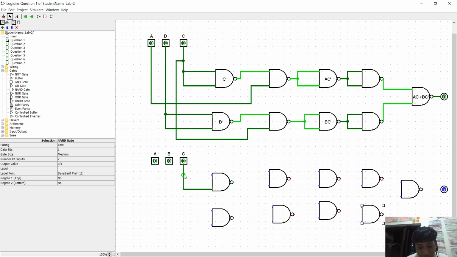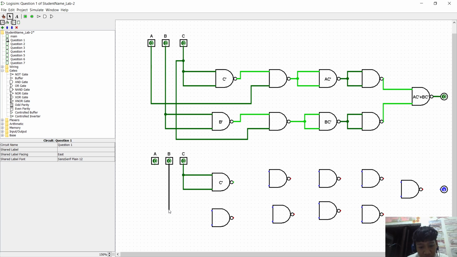And then this will be put here to create an input which contains C prime. There we go. And then for the B, we will be placing it here. And then for the A input, which will be placed in front of the C prime, since the first input is the negation of C input.